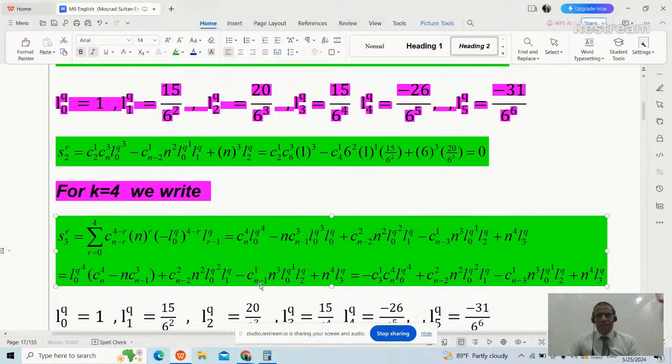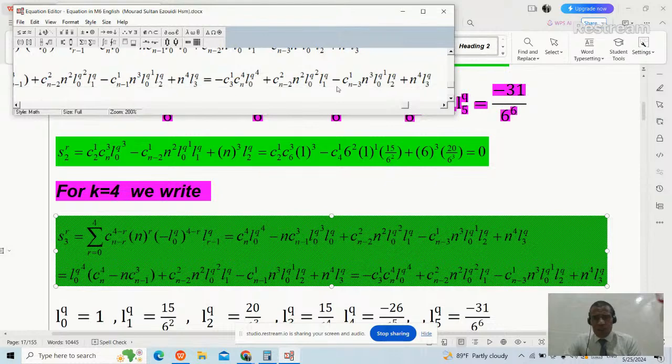Therefore, combination n minus 1, plus combination n minus 2, which is 2, n squared, n 0. Then here, combination, and when n equals 3, learners, it will be n minus 3. This one we told, it's written here, n minus 3.